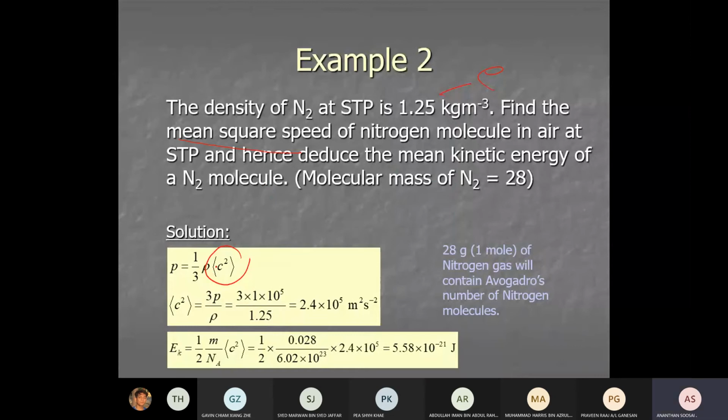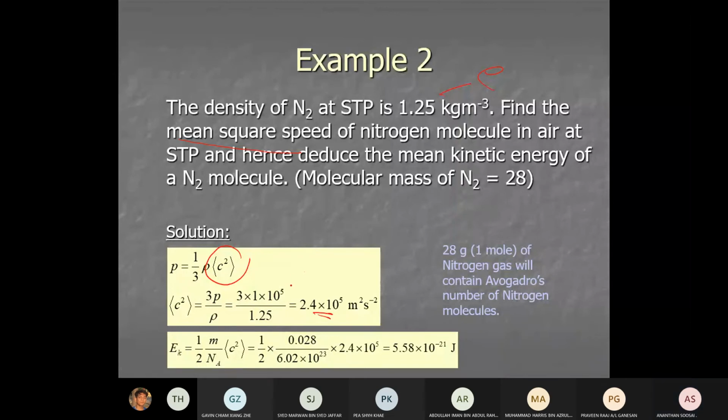At STP, normally the pressure and temperature will be given to you. So P equals 1/3 rho c squared. Rho is given. We're looking for c. The density is 1.25. The pressure is 1 atm, STP, 1 times 10⁵. So you get the mean square speed.